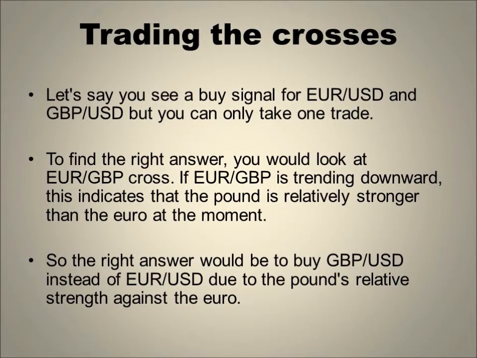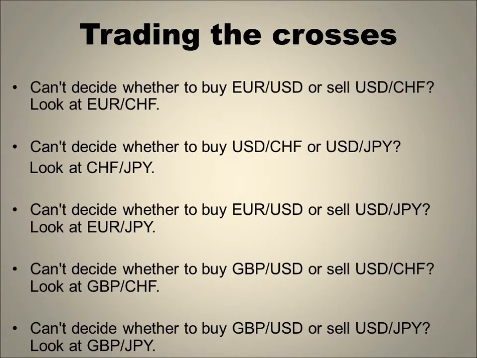Now, let's say we can't decide on whether or not to go long on the euro dollar or to sell the dollar franc pair. Well, let's look at the euro franc pair. And if we can't decide on whether or not we should go long on the dollar franc pair or the dollar yen pair, well, look at the franc yen pair.